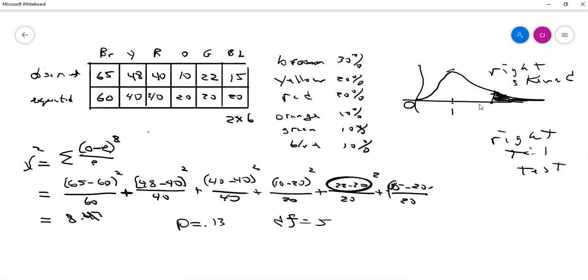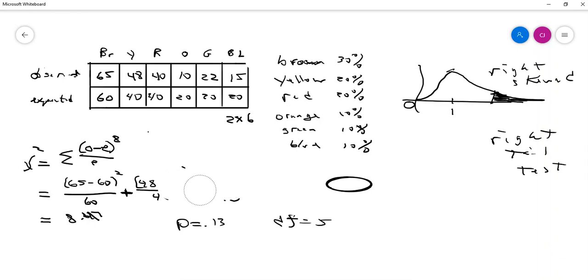Okay, so p-value. Now, I'm also going to erase this to get some room.